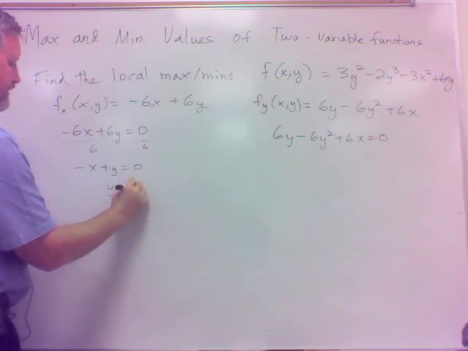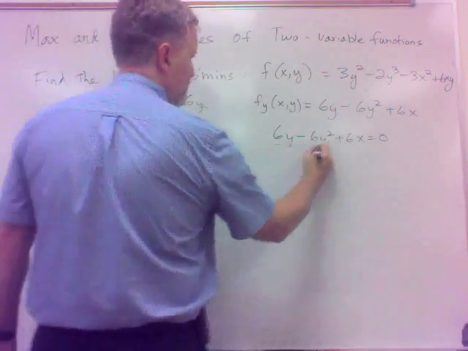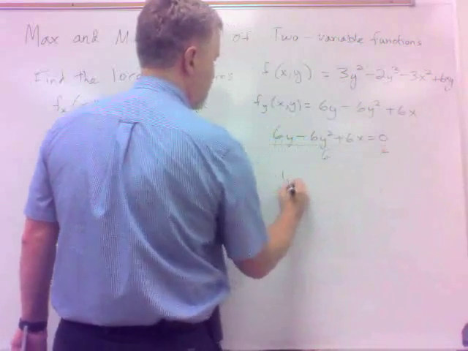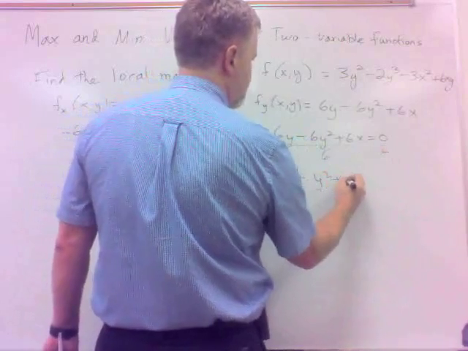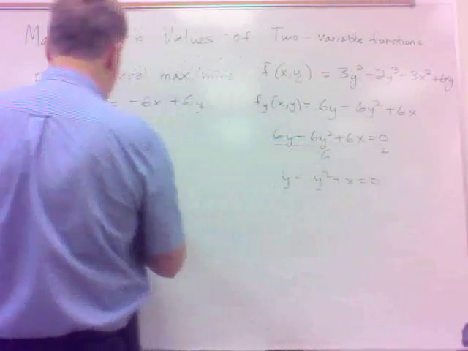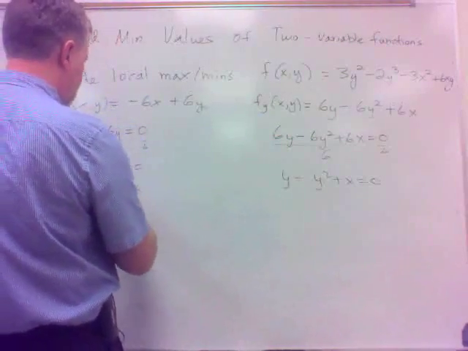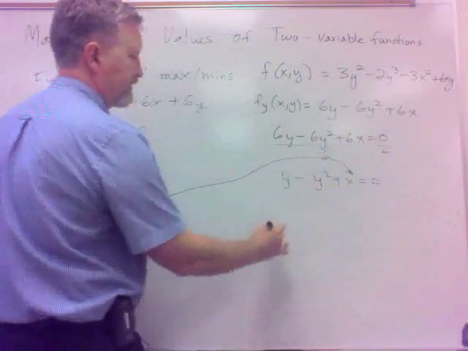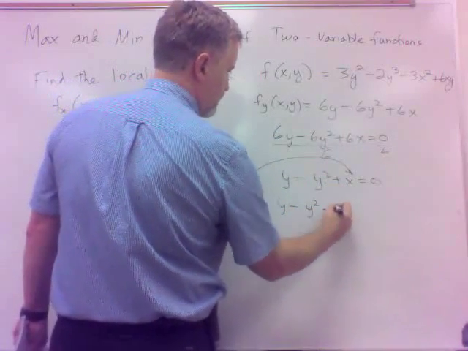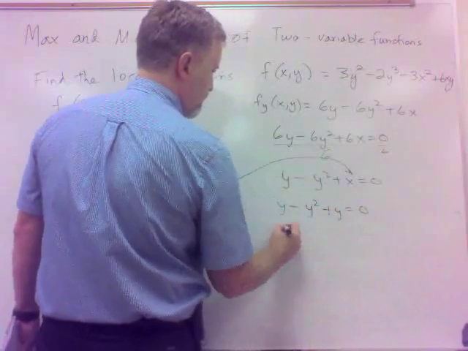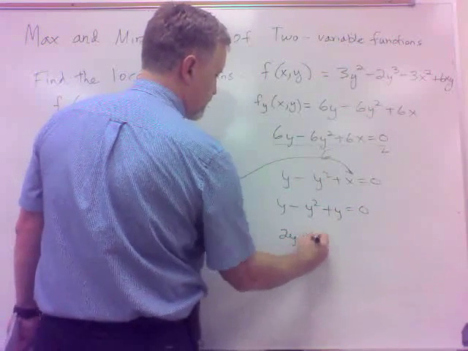So y would equal x. So if we plug that in, divide this one by 6, we have y minus y squared plus x equals 0. And so if we plug in x to be y over here, we have 2y minus y squared equals 0.